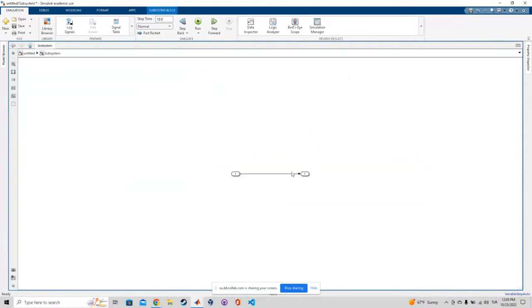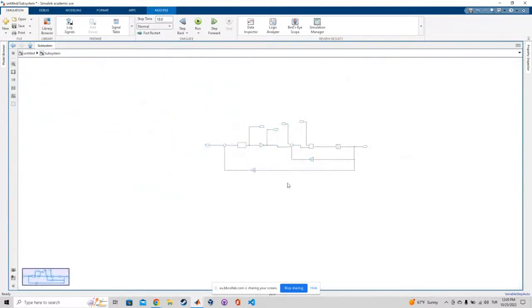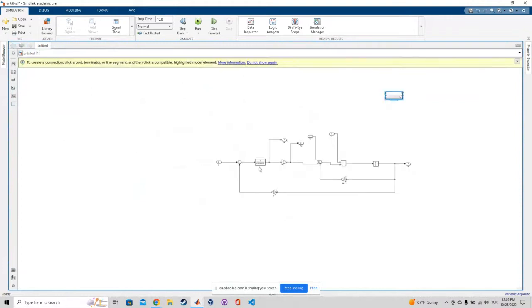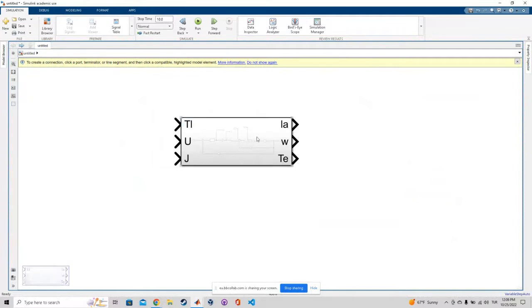And then you go to your input subsystem, you clear it, and you just paste it here. Now the system you created is in your subsystem. When you go back here, you just clear this. And then here, as you can see, your inputs and outputs are obtained here.